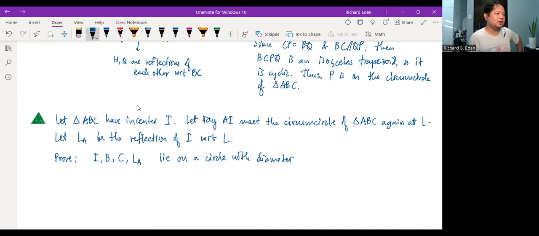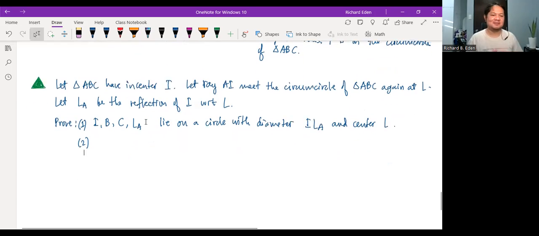Ma-freak out na po ako kung I sub A. Lie on a circle with diameter I L sub A and center L. Okay. And then this is the first part. Second part.